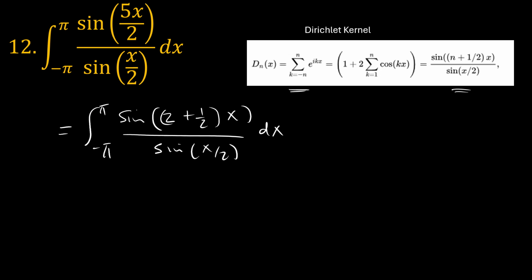This is equal to, we can use this intervening expression, the integral from negative pi to pi of 1 plus 2 summing from k equals 1 to 2 of cosine of kx.